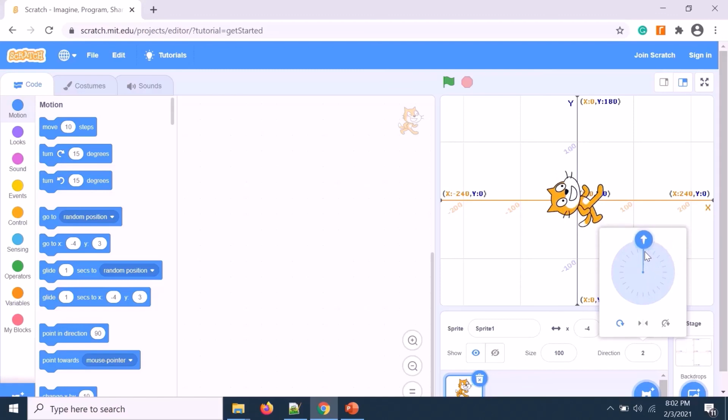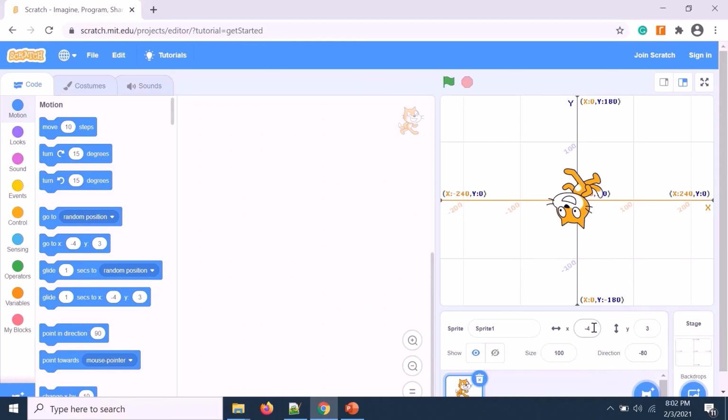It's similar to how a clock moves, so based on that it is decided whether it is clockwise or anti-clockwise. I hope you understand what clockwise and anti-clockwise are, and what the x and y coordinate point is. You can also change the size of the sprite.